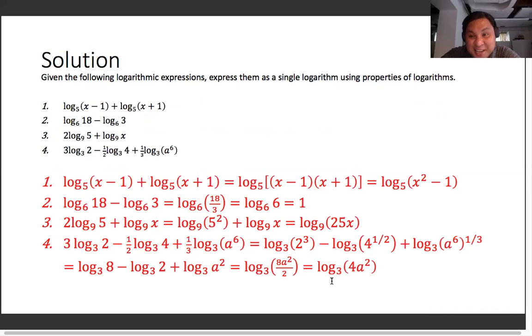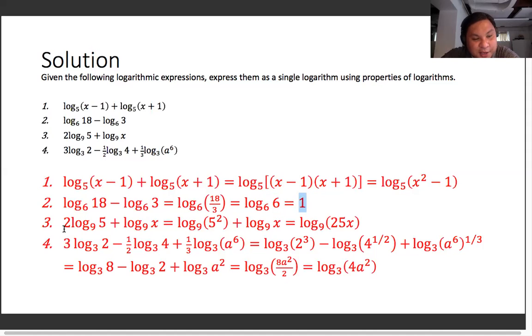Just in case, you also tried numbers 2 and 3. For number 2, take note it's subtraction, so it's going to be a division of powers. So 18 divided by 3 is 6. And take note, because it has the same base and same power, its logarithm should just be 1.